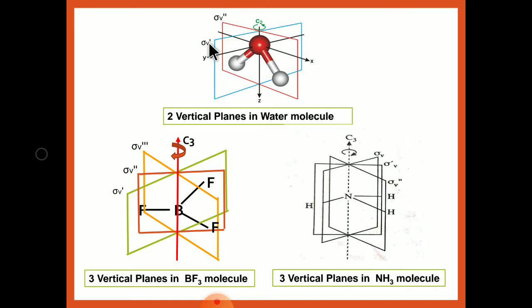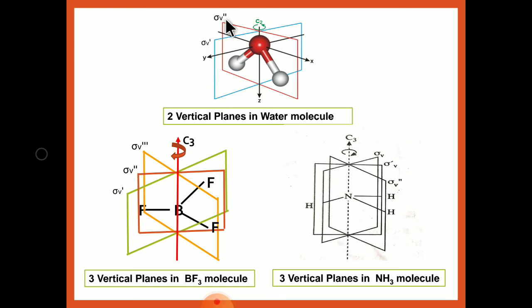Sigma V dash is the first vertical plane, passing through the oxygen atom, and the two hydrogen atoms are bisected into two equal halves and form mirror images of each other. So we can say that the H2O molecule possesses the sigma V dash vertical plane.